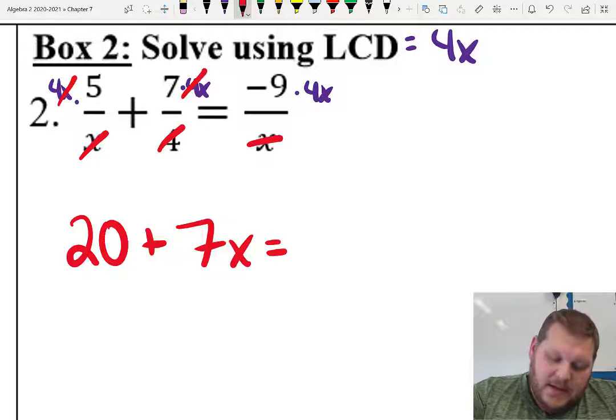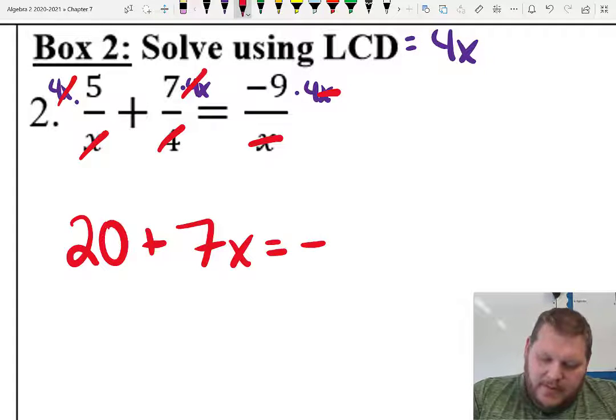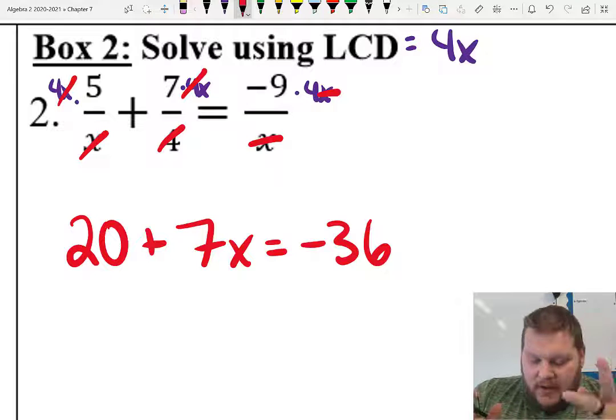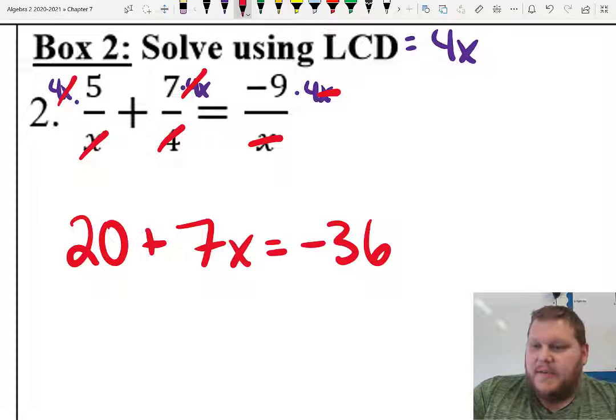And then last but not least, my x's cancel out. Negative 36 is what we get when we multiply negative 9 times 4. So all of my fractions have now been busted. They're gone. They've been eliminated. And I'm just left with 20 plus 7x equals negative 36.